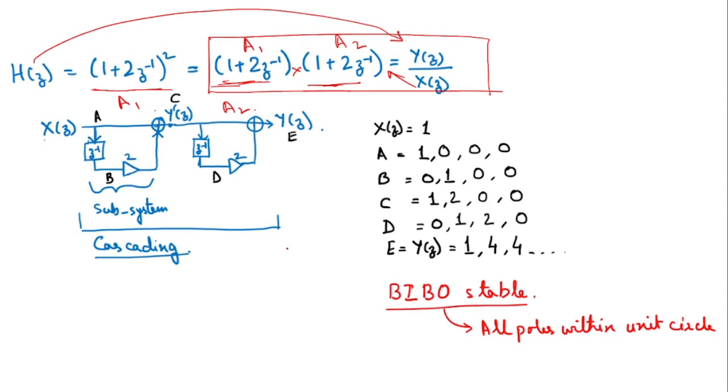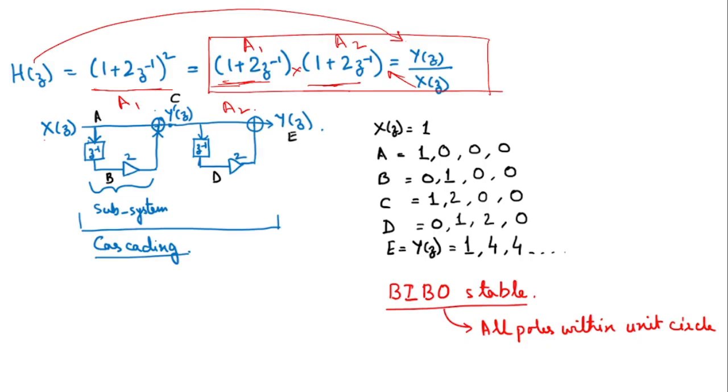This kind of system representation or implementation is called the cascade form of realization. The first one is the direct one, where we are directly implementing, so there are no subsystems. However, if we can break it down into several subsystems, then we can implement the system by cascade form realization.